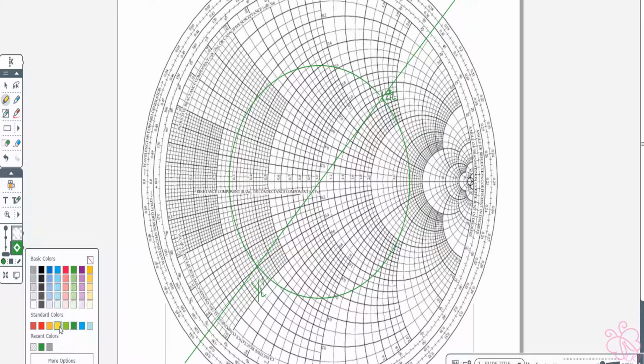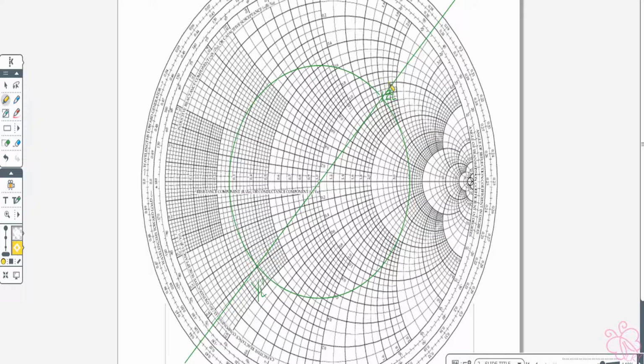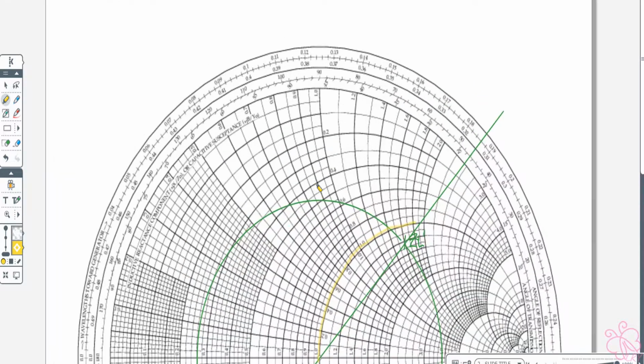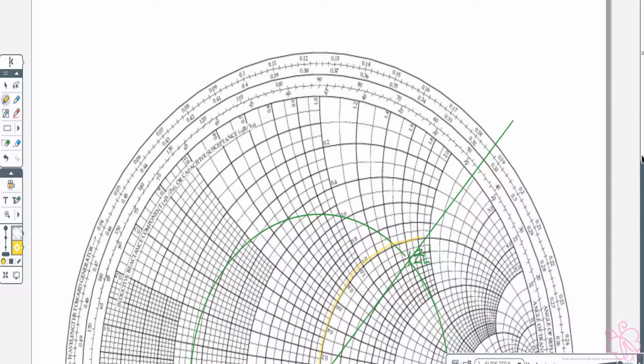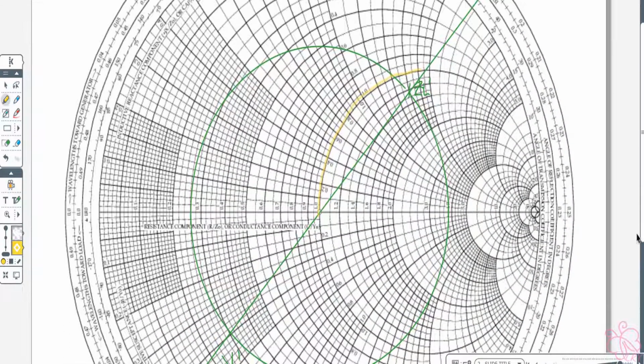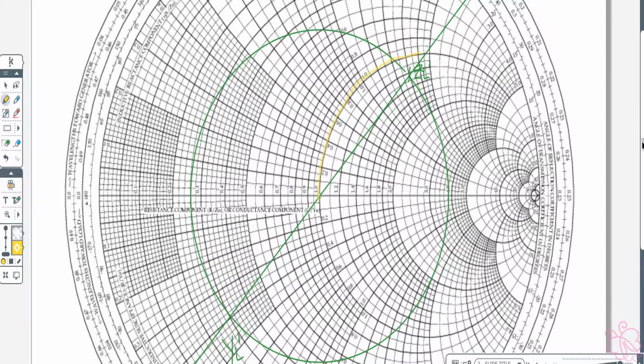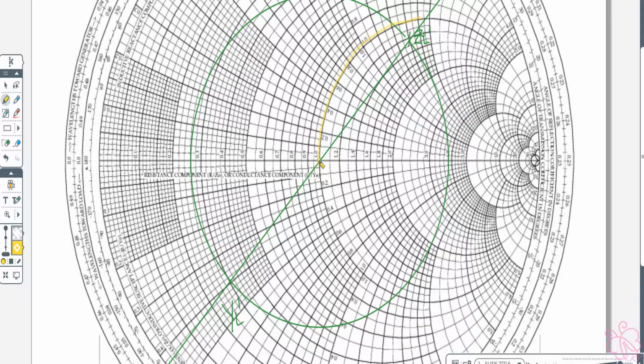This one is our 1.0 circle. I will zoom in a bit for you to see more clearly. This is 1.0, so I will move along to the lower side.